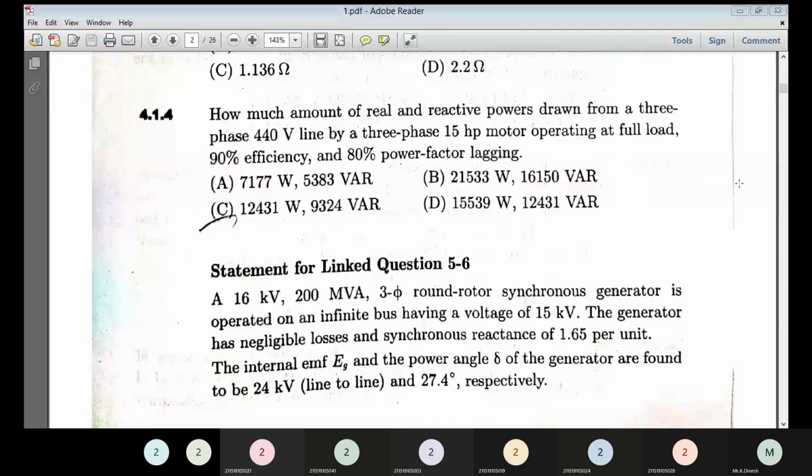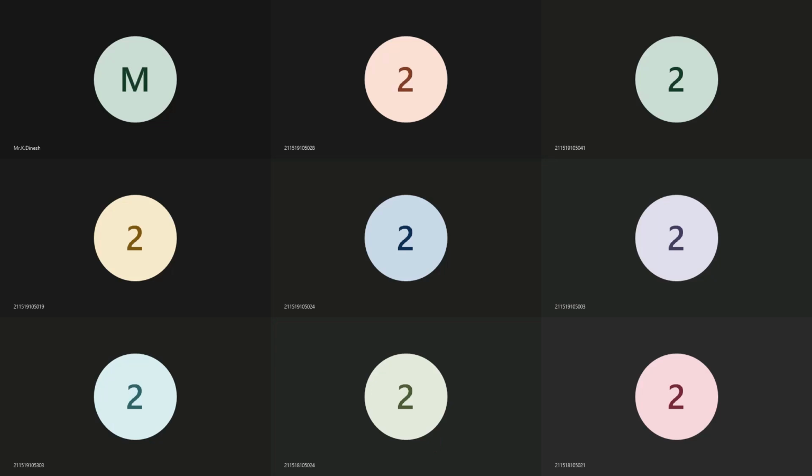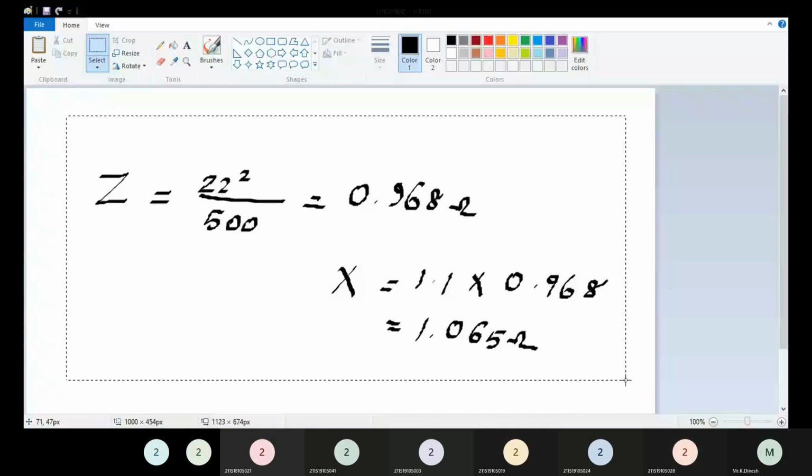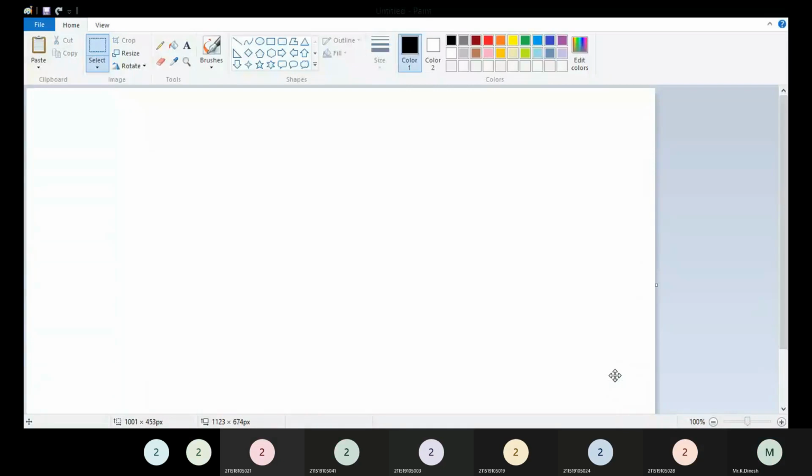Once we determine the current, we can find the real power and reactive power drawn from the line. I move on to the paint screen. Very simple questions like this you may also get in your GATE examinations. People think they ask only complicated questions, but you may get simple questions also.